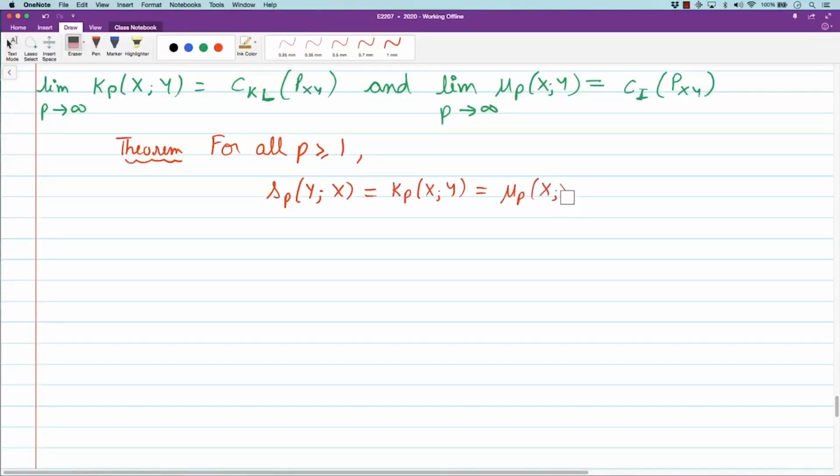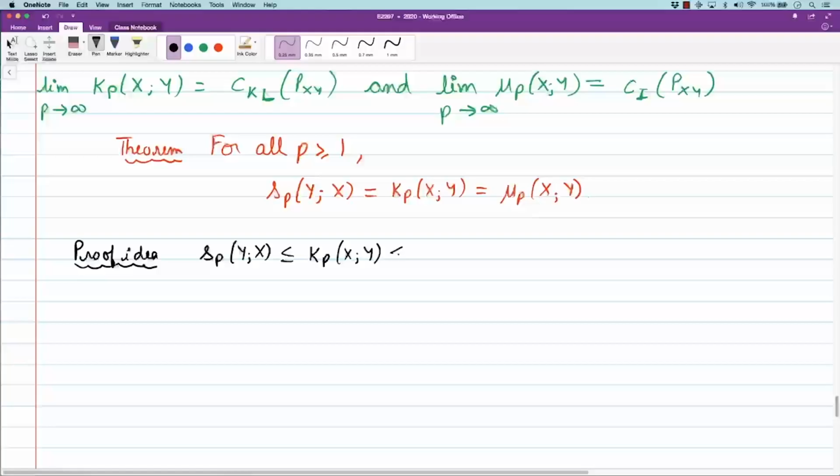Okay, that's the main result that we have. The proof is a little bit involved, so I'll just give you the main idea. What we will show is that S_p(Y;X) is less than or equal to kappa p(X;Y), which is less than or equal to mu p(X;Y).